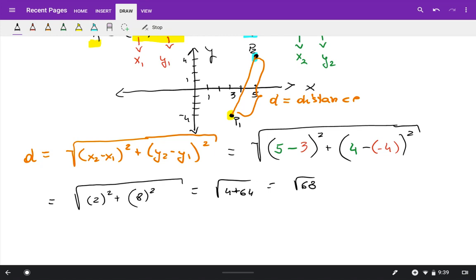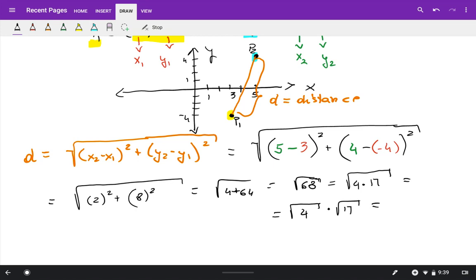And you always want to simplify. So the square root of 68, you want to break it down as the square root of 4 times 17, which gives you 68. The square root of a product is equal to the product of square roots, which means this is the same as the square root of 4 times the square root of 17.